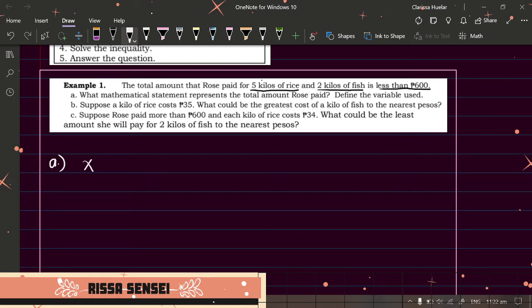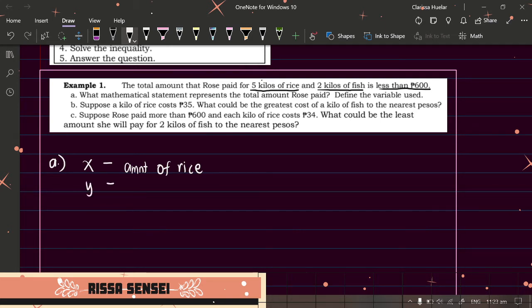So, we let X be, alam ba natin kung magkano yung 1 kilo ng bigas? Diba hindi? So, we let X be the cost of rice, kung magkano ang 1 kilo ng bigas.